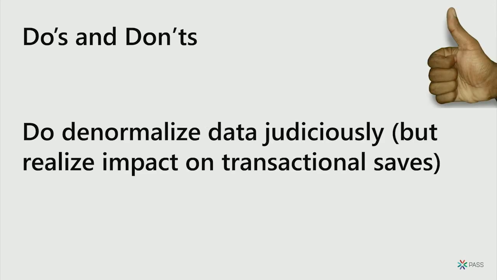I also recommend to denormalize judiciously. But realize if we're using denormalization, so for example, I've had several situations recently where maybe we have a customer with case notes, and the user wants to see what was the last case note when they opened the customer.